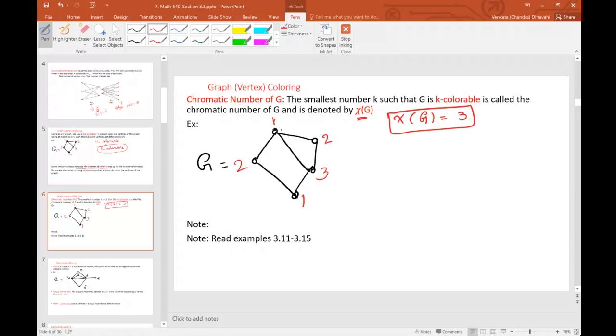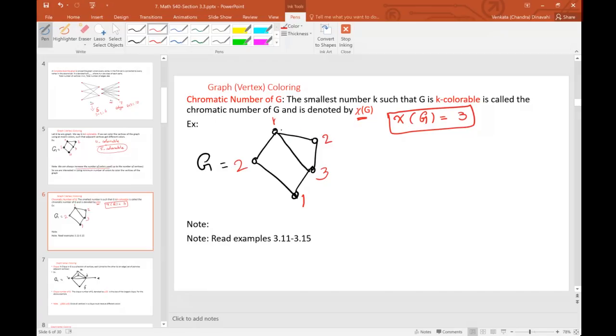There is a wide variety of applications for this. Just imagine you're scheduling final exams for your school. Each and every vertex is a section, and you join two sections if there is a student in both classes. When you are scheduling an exam, you cannot schedule the exams at the same time for these two classes, because there is a student in both of them.